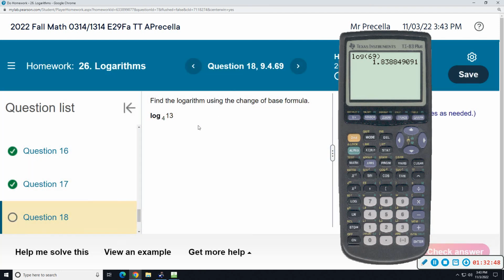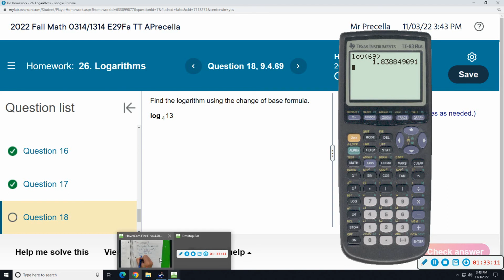Okay. Notice most calculators only have log and ln. Most calculators don't have a log base 4 key on them. So if you're trying to evaluate a logarithm and it's something other than log and ln, we have a formula called the change of base formula.